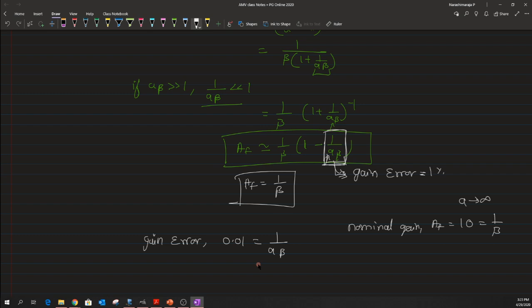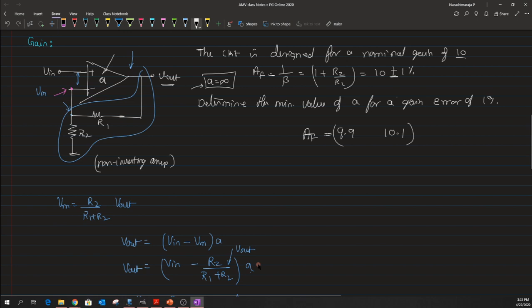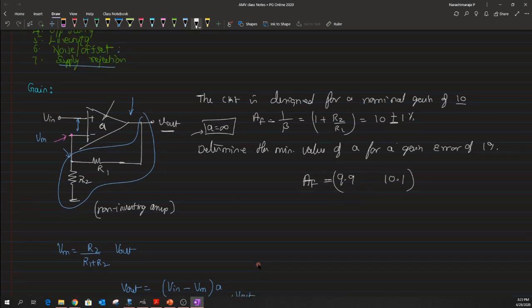So we have 1 upon beta equal to 10, and one could substitute here and simply evaluate that the value of A required would be equal to 1000. So this is the minimum open loop op amp gain that is required to have a gain error of 1%. Clearly you could see that the specification given to this closed loop system defines the open loop gain.